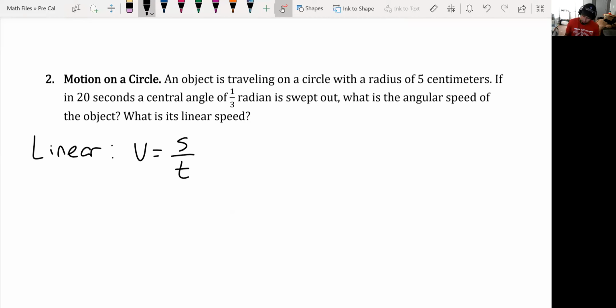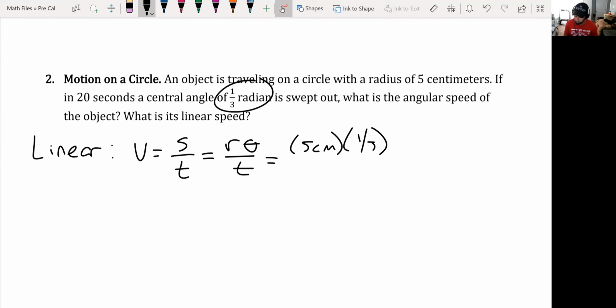So remember that to find S is also that formula R times theta, because S is also known as arc length. Since you can convert it to R times theta, they're giving us the radius, which is 5 centimeters. They're giving us theta, which is 1/3 radians. And they're giving us time, which is 20 seconds.